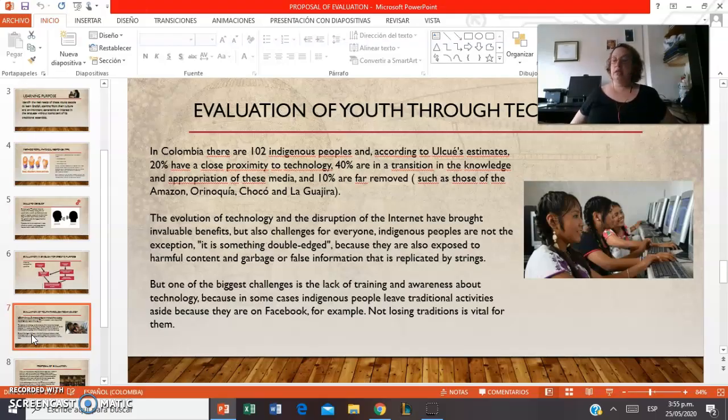In specific cases, due to accessibility in the Vaupés region, the internet does not have great coverage, and getting there is difficult because it is part of the Amazonian jungle. Other groups, for example in the Sierra Nevada de Santa Marta, the Kogui and the Arhuaco, don't have internet because it is dangerous for the spirit.